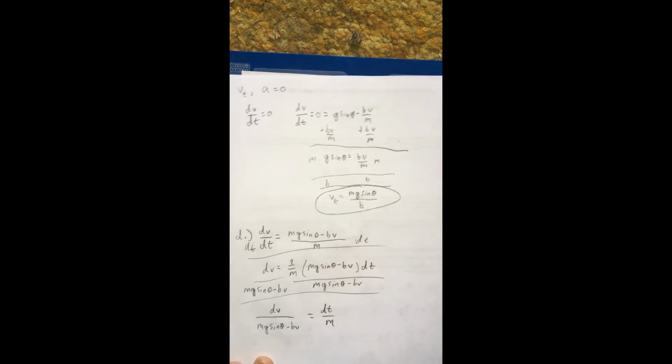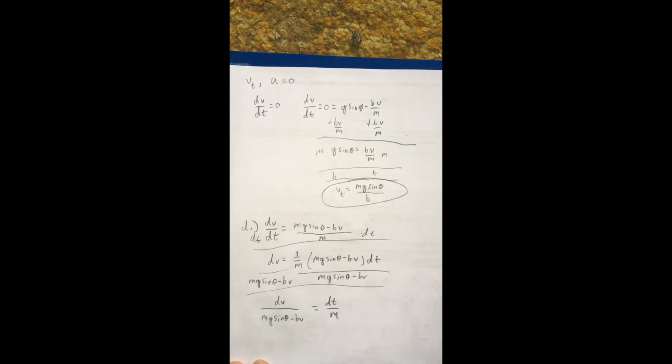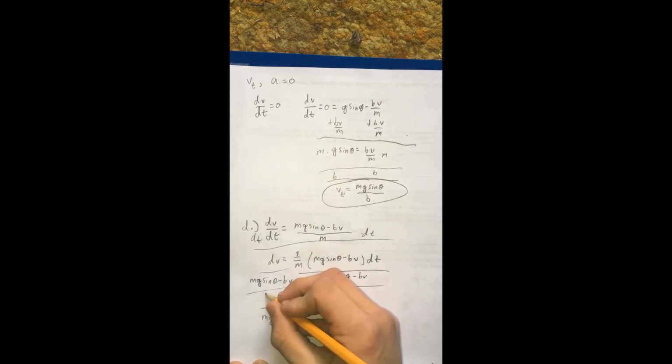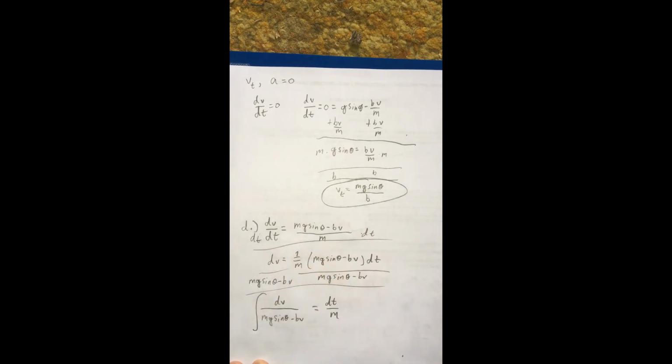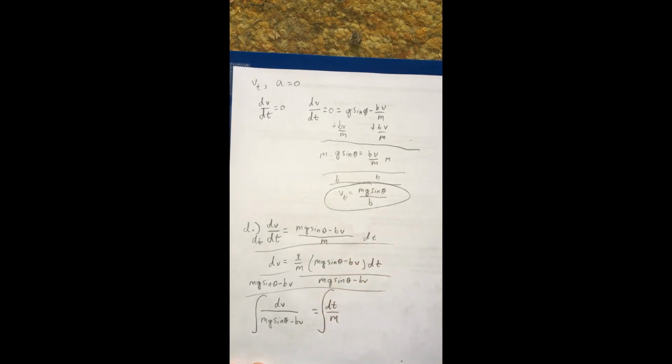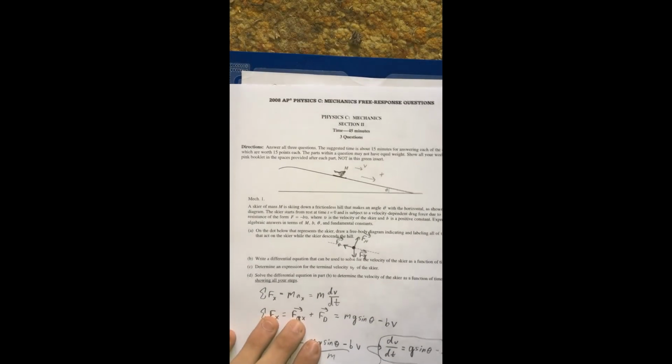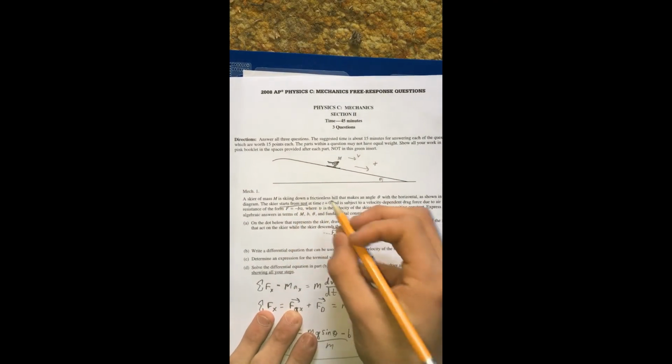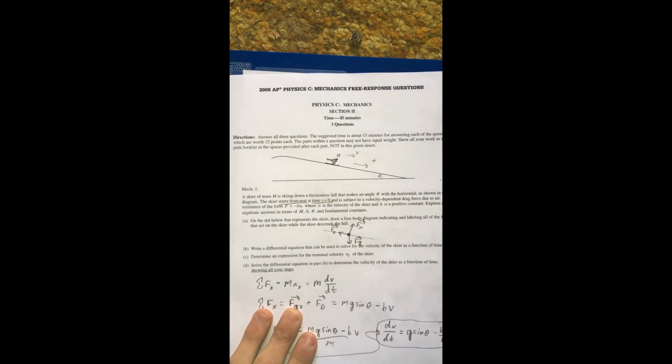Now what we're going to want to do is integrate each side to get rid of the dv and the dt. The left side we integrate with respect to velocity, and then the right side with respect to time. Now, they said in the problem that the skier starts from rest at time t equals 0.